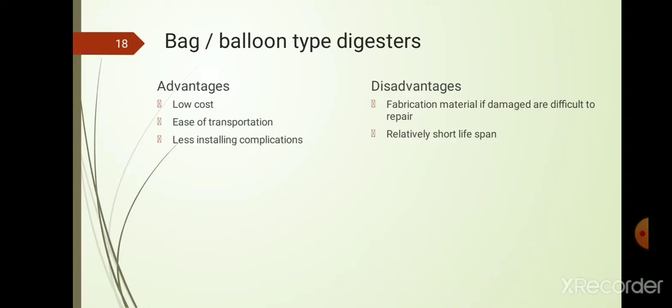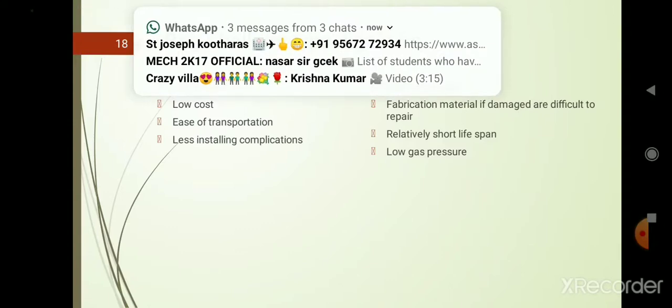We have the fixed dome digester with almost 20 years of lifespan, and the floating drum almost 15 years. But for this type of digester, we cannot expect that type of lifespan. Maybe only 4 or 5 years it will last. And the gas pressure is also very low, since it is only a flexible material of thin plastic.